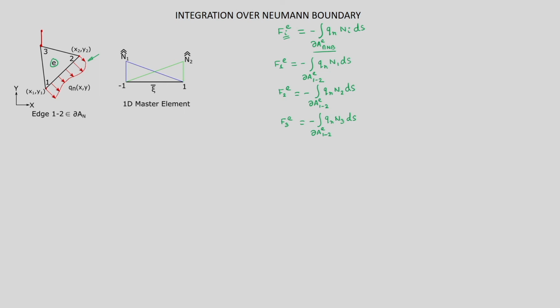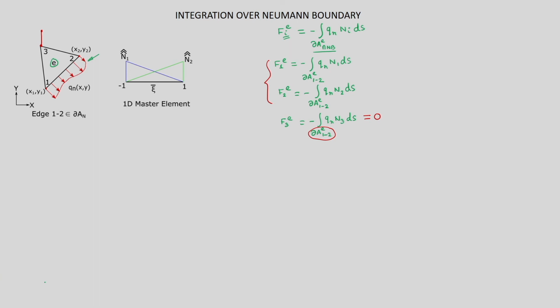Since we are integrating along 1 2, N3 is 0 on this side, so the contribution from this part is 0. So, only F1E and F2E are non-zero.